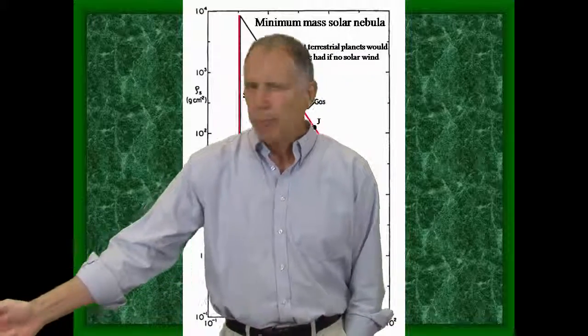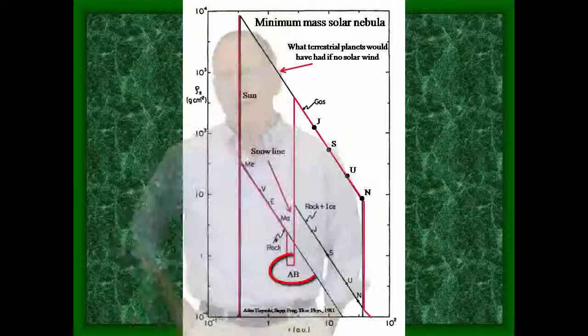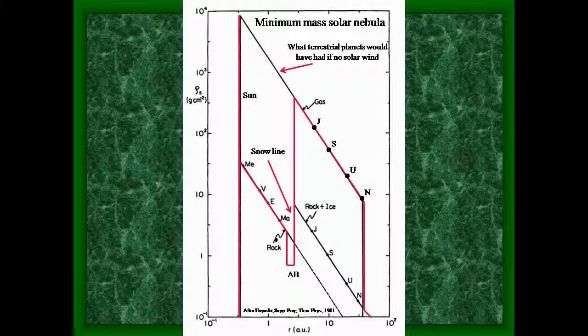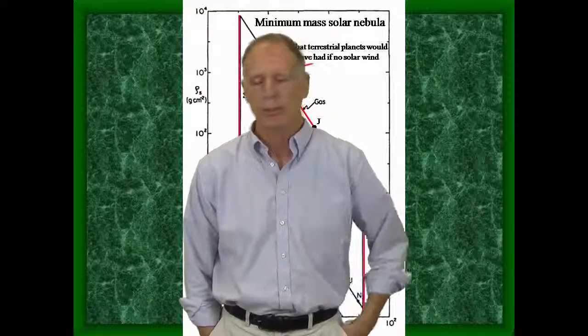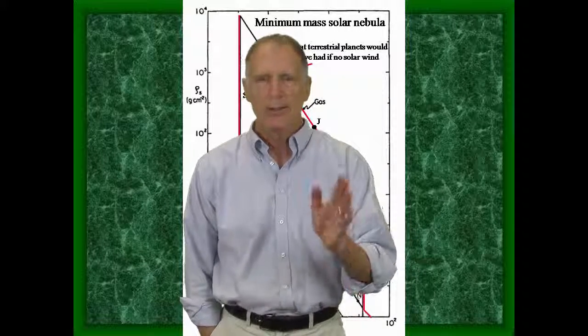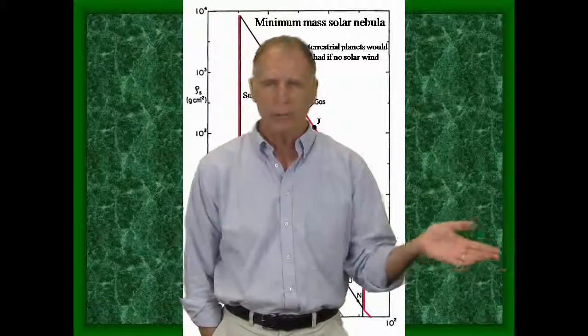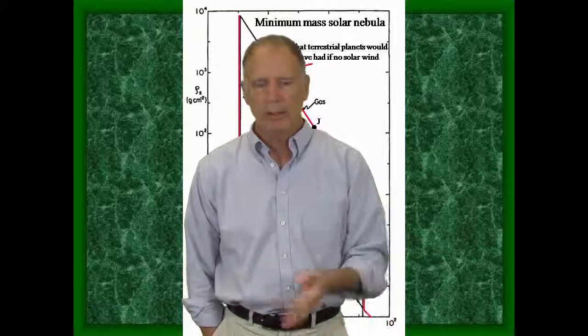There is a problem in the asteroid belt. There is not enough material. I estimated where the bottom of the asteroid belt is. It might be lower, I don't know. The important point is that the asteroid belt is depleted in material. And we can explain that simply by remembering that a lot of material has been thrown out of the asteroid belt.